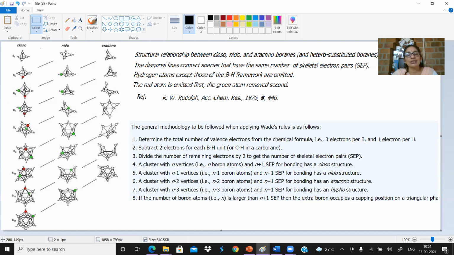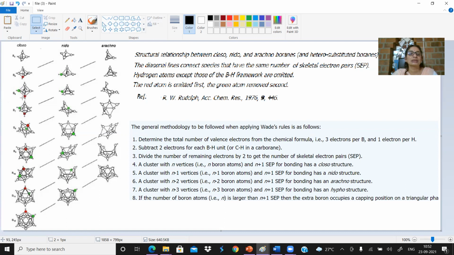The diagonal relationship was proposed by Wade. In this structure, only the framework boron atoms are shown, and hydrogen atoms are omitted. In order to show which atom is being removed, it is colored differently in the figure.